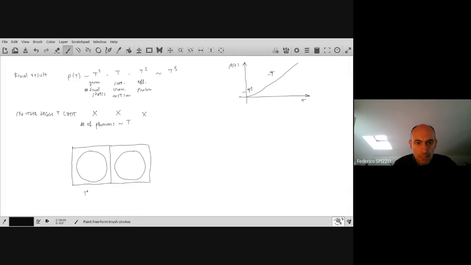So if this is the first Brillouin zone, for the moment, I've always told you that given the initial state of the electron, in particular at low temperature, the final vector will be very close to the initial one.